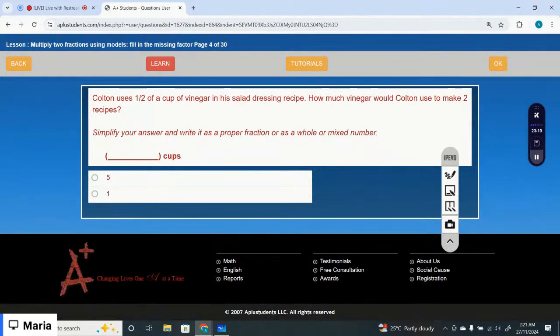Colton used half of a cup of vinegar in his salad dressing recipe. How much vinegar could Colton use to make two recipes? So, which is the correct option? 2 times 1 by 2 equals.